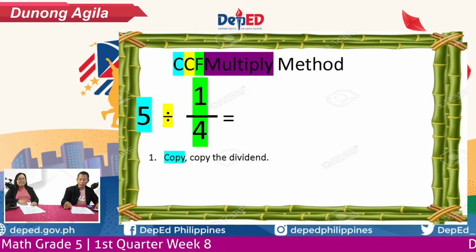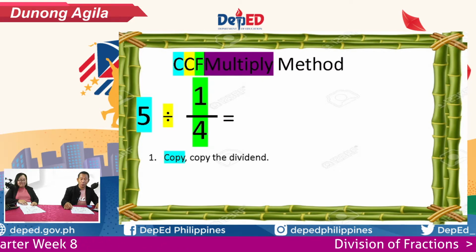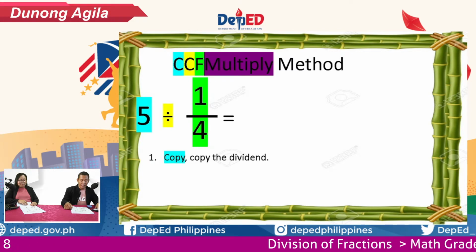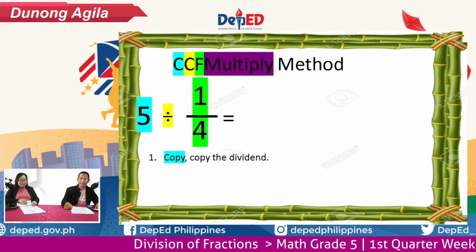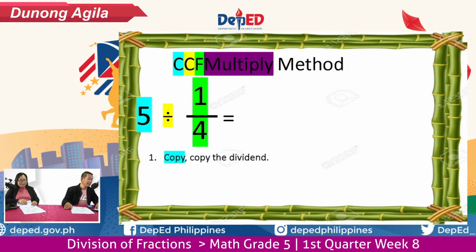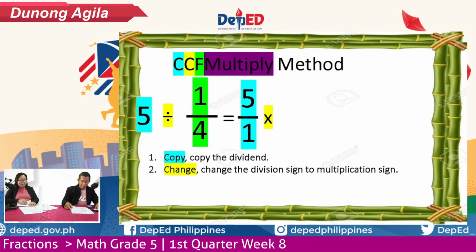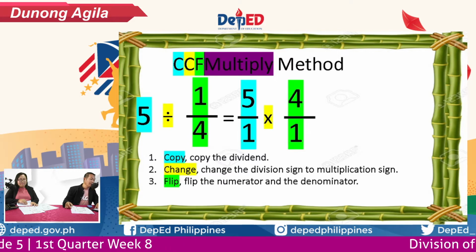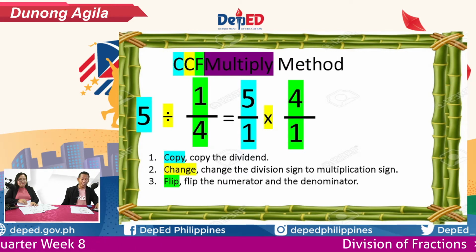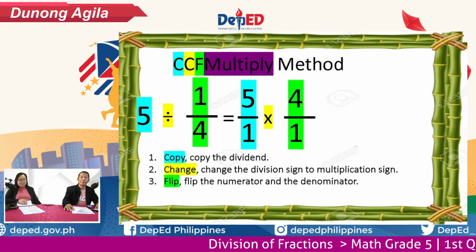Since it is a whole number, we will make it a fraction by writing a denominator 1. Next, C is to change. Change the operation from division to multiplication, shown by the color yellow. Then flip. For letter F, flip the divisor. So 1/4 becomes 4/1.